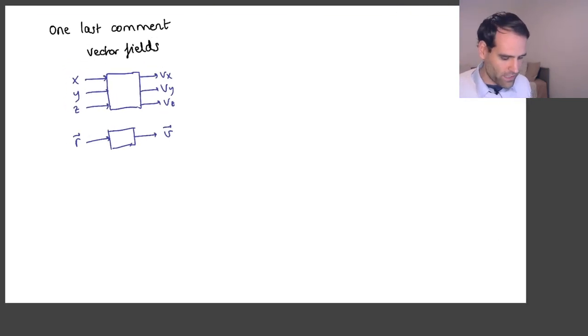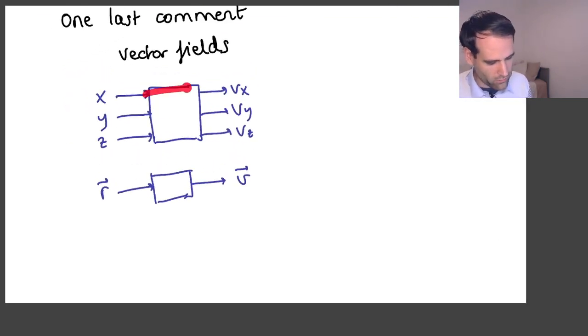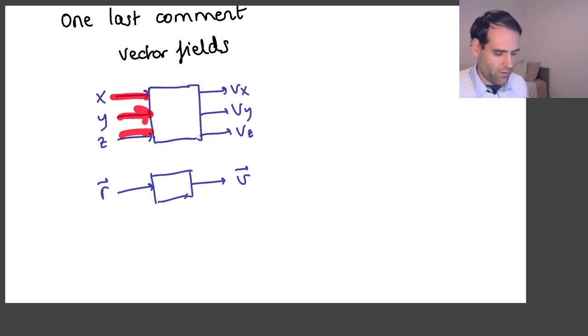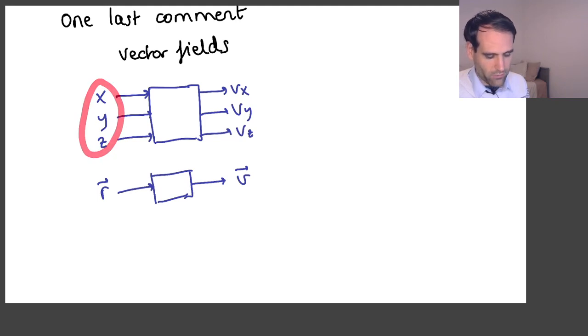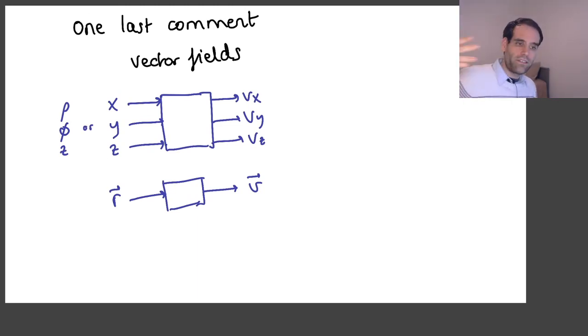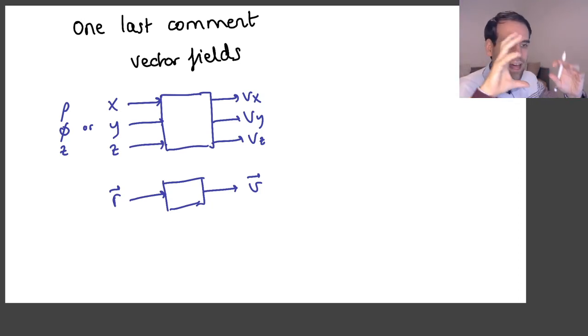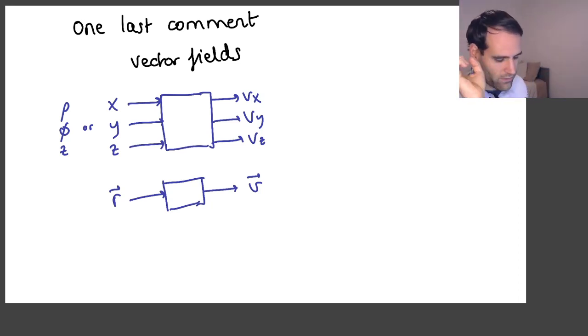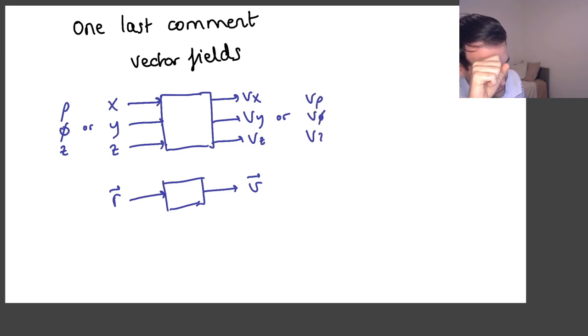A vector field is like a function or a box or a transformation that has as the input the location in space, which can be given in x, y, z, or it could be given in rho, phi, z, etc. So three numbers come in, the position where you are, and then a vector comes out. So that's the vector vx, vy, vz, or it could be in cylindrical coordinates, so v rho, v phi, vz.